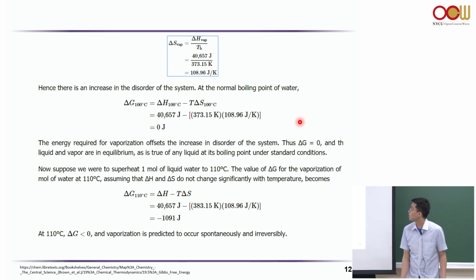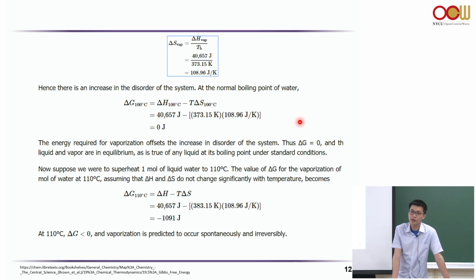Okay, so let's talk about vaporization of water. When we boil water, we can quantify the change in its entropy. So if we look at the vaporization, under our perfect system, we can get the delta S from the heat of vaporization, then we can get a value from this.